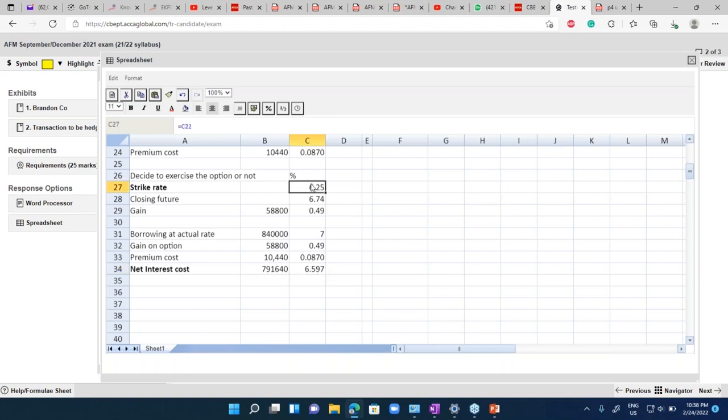If you don't have time, calculate only these percentages. Just try to convert into absolute amount this gain amount and the last net interest cost. That is okay. It will be perfectly fine.